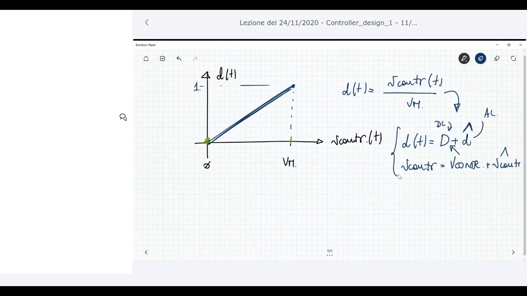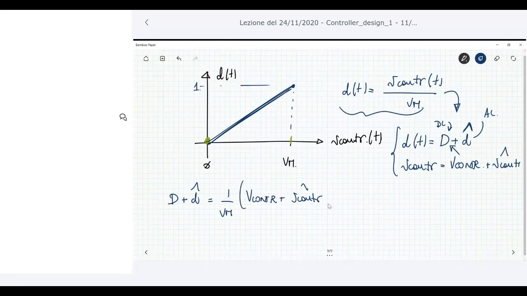In order to see what happens, I can replace these two quantities in this expression. So I have that D plus d hat is equal to 1 over Vm times V control plus v control hat.